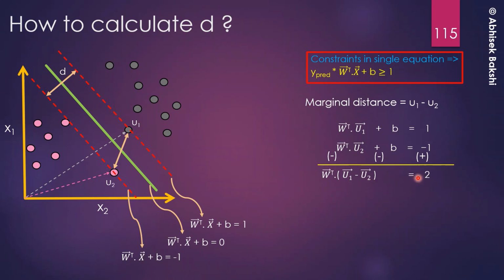Fine. But you see, you cannot directly put W in the denominator of 2. Why? Because this W is a vector, and this particular vector has some direction involved. Until and unless you omit the direction part, you cannot start calculation, right?